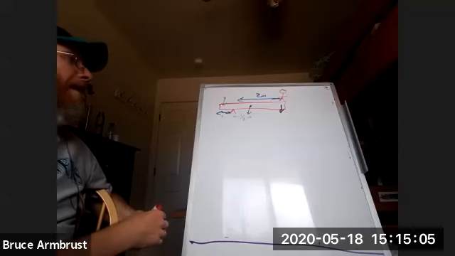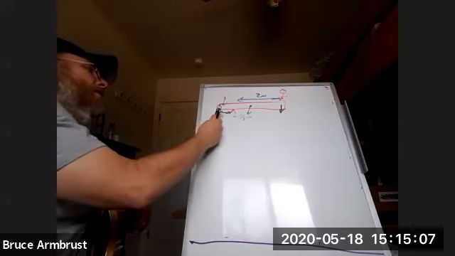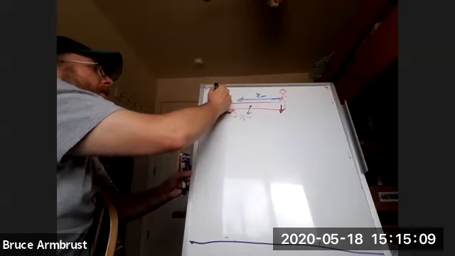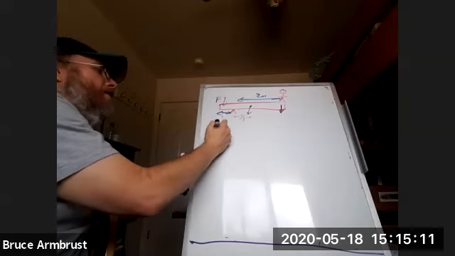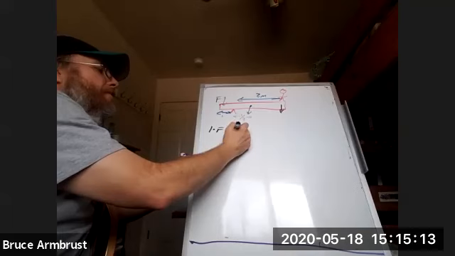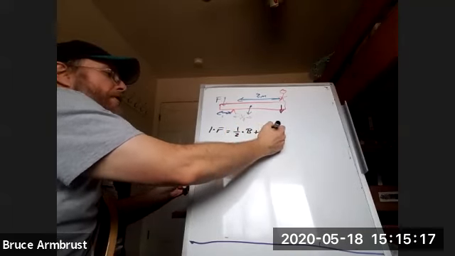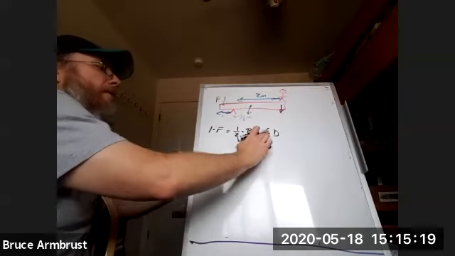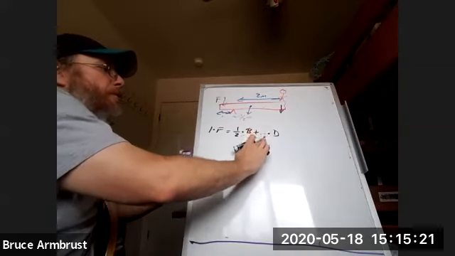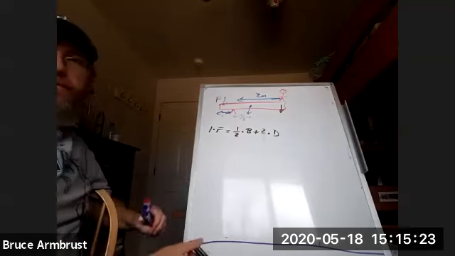So the balance of those torques means that we'll call this force F. We're going to get 1 times F equal to 1/2 times the board weight plus 2 times the diver.